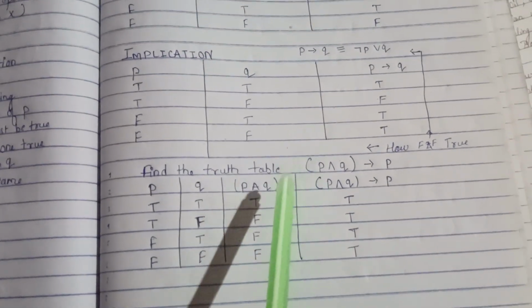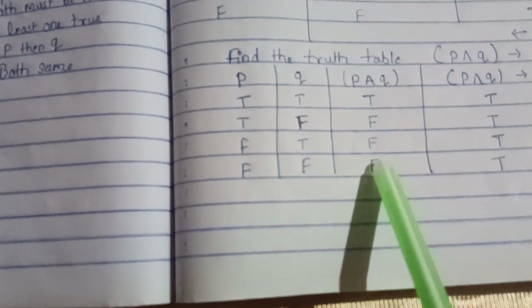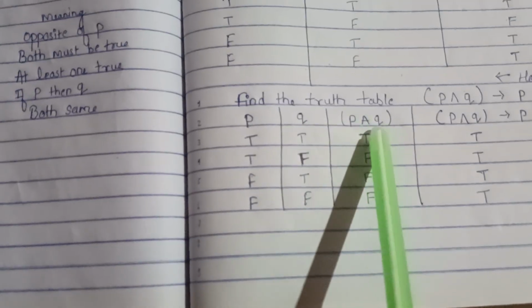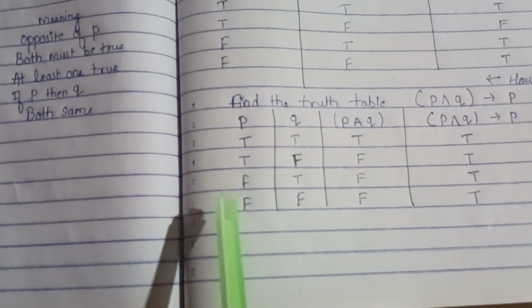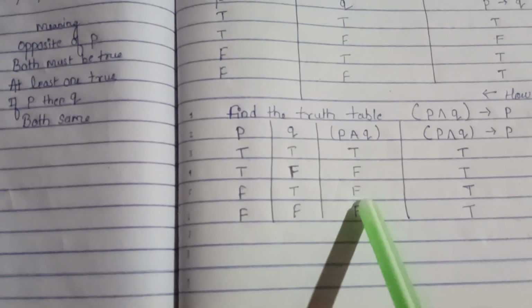With AND, both must be true to get the result true. So true and true is true, true and false is false, false and true is false, and false and false is false. Why? Because we need both true. If one becomes false, then it automatically becomes false.